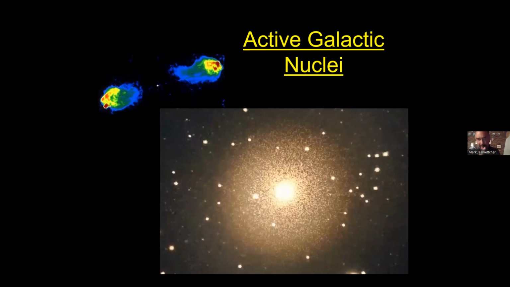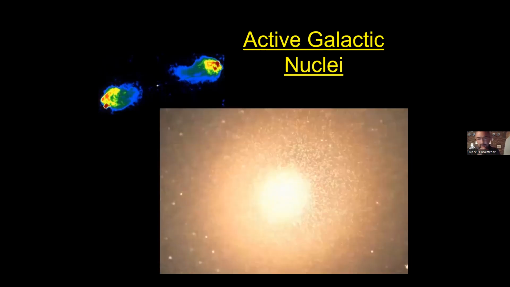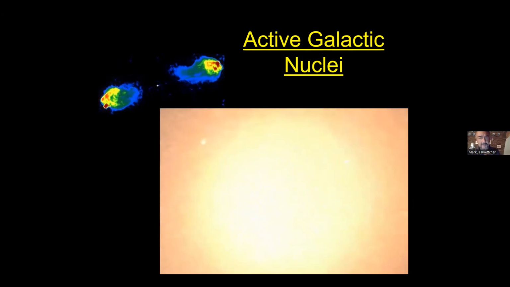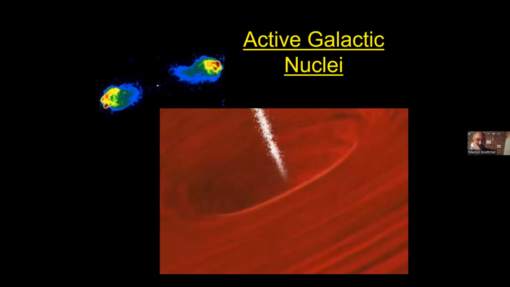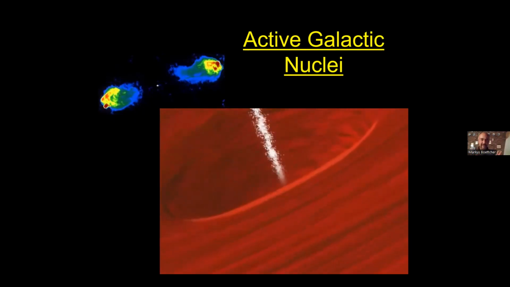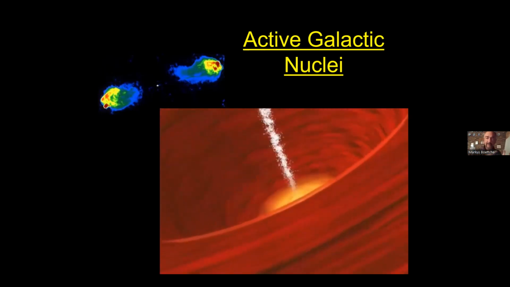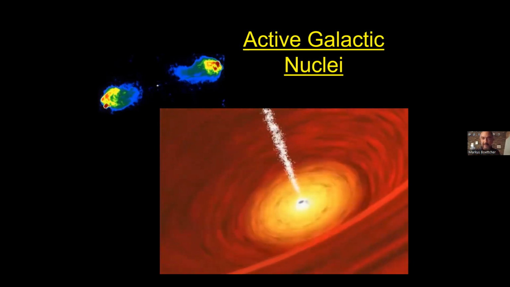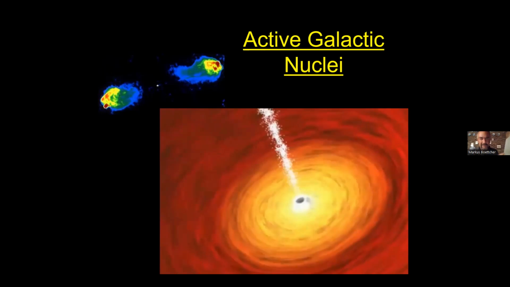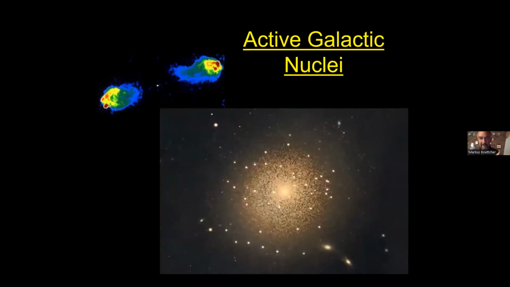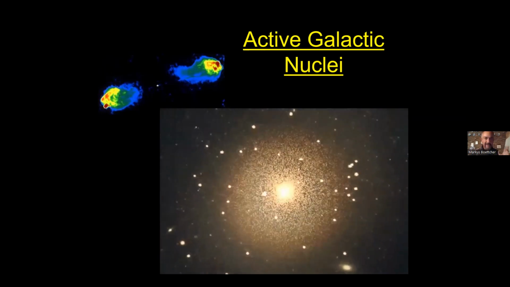Our own Milky Way has a black hole of only about 4 million solar masses. There are other galaxies that have much more massive black holes. But in our own galaxy, there's almost no gas in the vicinity that the black hole could swallow, so the black hole in our own Milky Way is a very faint source of X-rays and gamma rays. It's almost not radiating anything.